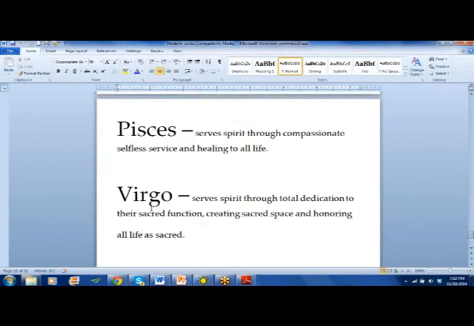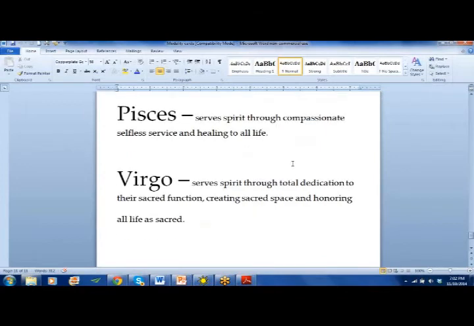And so Pisces and Virgo are definitely a resonant polarity, as they are earth and water. Virgo's a little more grounded and is more interested in the sacred work, isn't as sensitive as Pisces. Pisces is a water sign, so it has that ability to sense into and feel what other people feel and to be in service that way.